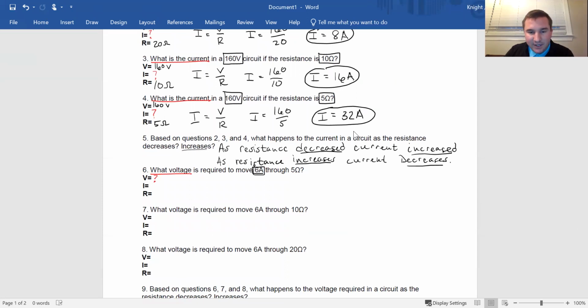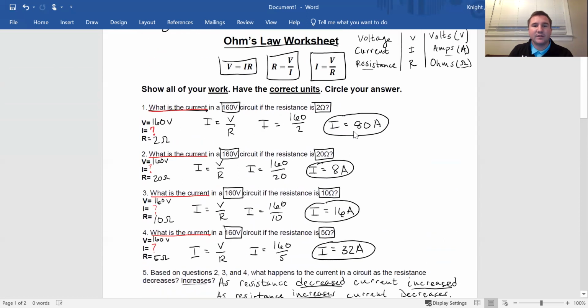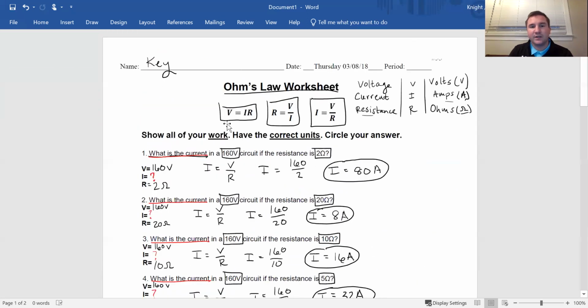So 6A is going to be a current. And 5 ohms, we know ohms is resistance now. So this is 5 ohms. So we want our equation that solves for V. If we go back up to the top, the equation that solves for V is right here. V is equal to I times R. So voltage equals current times resistance.